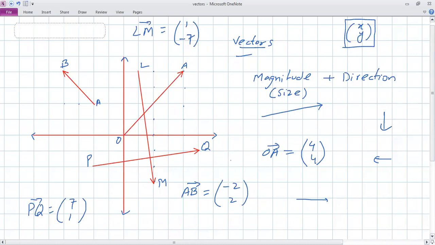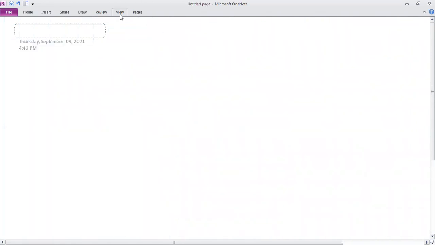All right. This will be the way when a vector is given in the graphical form, how we write it in the mathematical form. Now let me give you an example here.